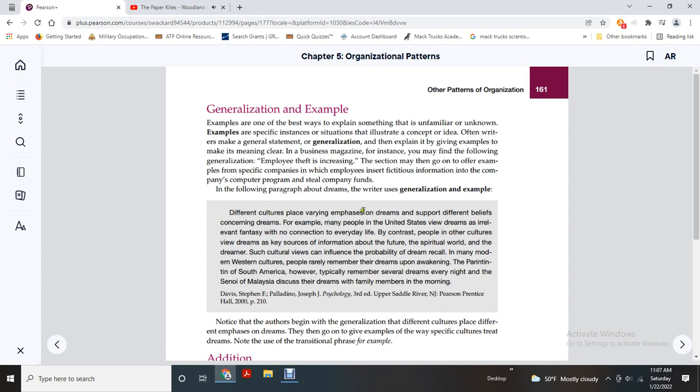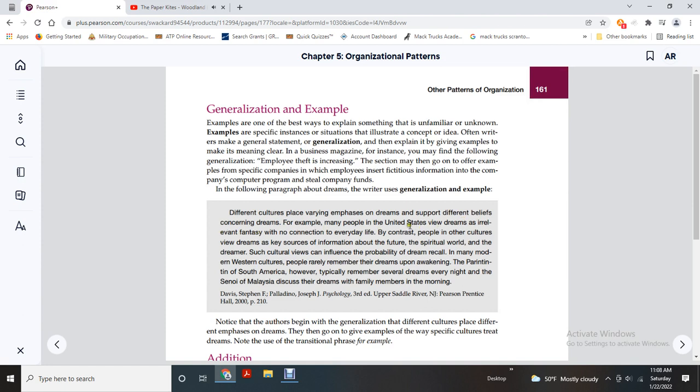In the following paragraph, the writer uses a generalization and example. Different cultures place very different emphasis on dreams and support different beliefs concerning dreams. For example, many people in the United States view dreams as irrelevant fantasy with no connection to everyday life.